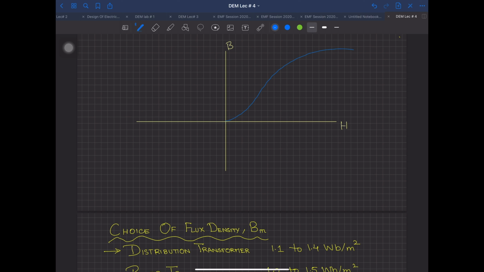Now you can see it is not having a slope in the very start, but as soon as you reach a point, you can call it here, at this point you have a saturation starting. Knee point, yes, you are also using this one in your PSP. So this knee point or the saturation point is the point at which you are going to design your transformer.